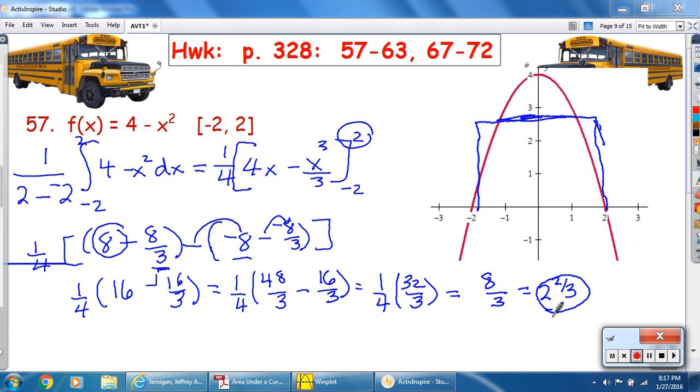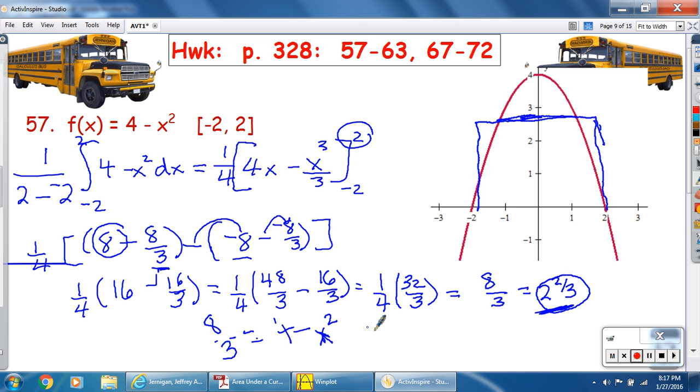Now the 2 2/3 is the average value, that's the y value. If I wanted to find the mean value, and I don't remember if they asked us to do that in this problem or not, I would take the 8/3, which is the y value, and set that equal to the function, and the function is 4 minus x squared. Sorry guys about this pen.